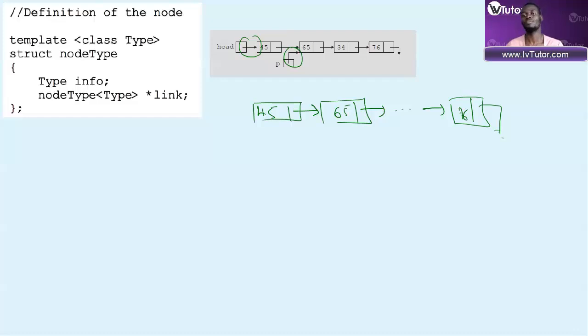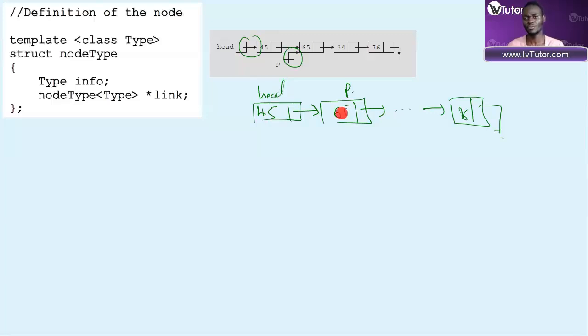But what I normally do when I'm working out questions and explaining things is just write the pointer on top of the node like this, which means the head is the pointer sitting on node 45 or pointing at node 45. P is the pointer pointing at node 65. So we've got 4 nodes and 2 pointers. The pointers that we are looking at here are pointing at a node, which means if I want to refer to this node, I can use this pointer.